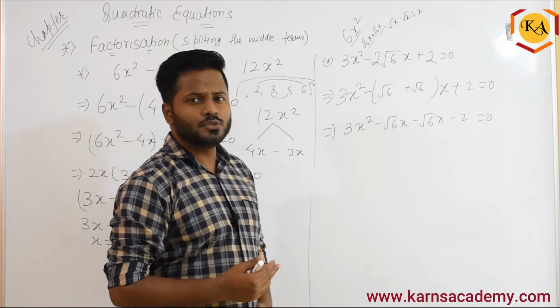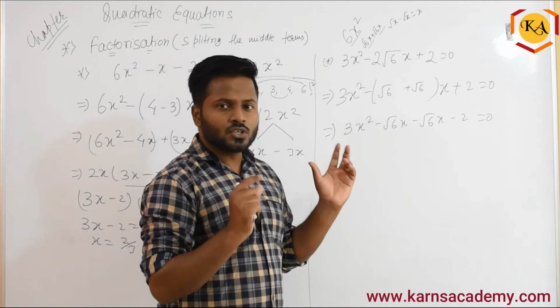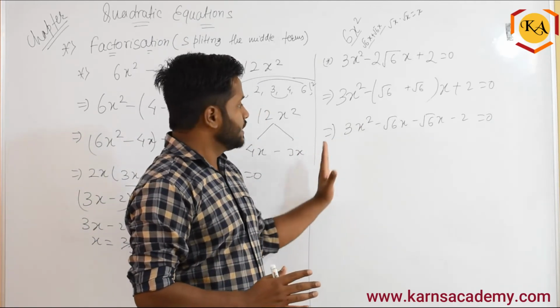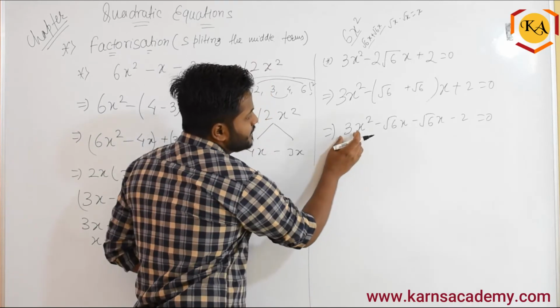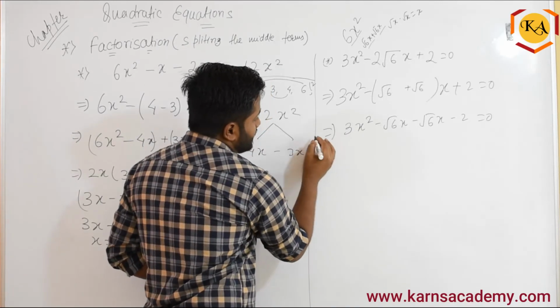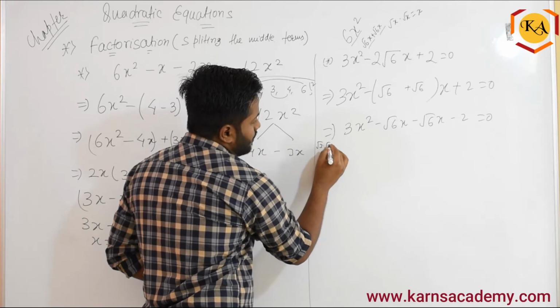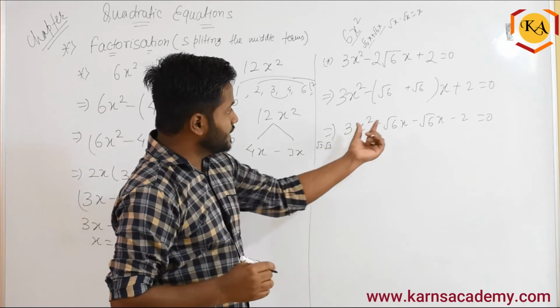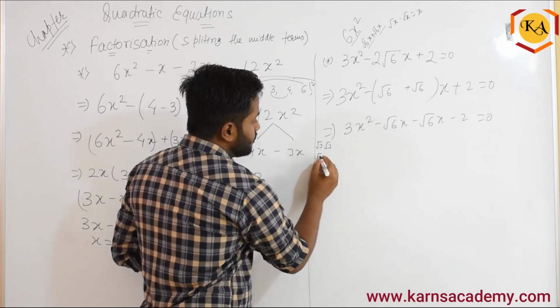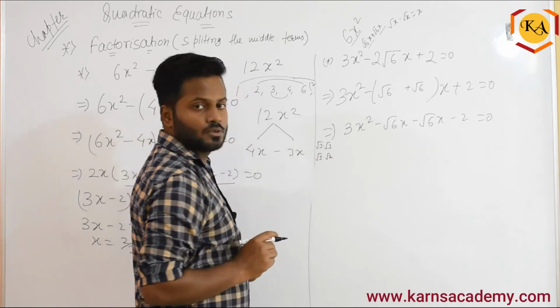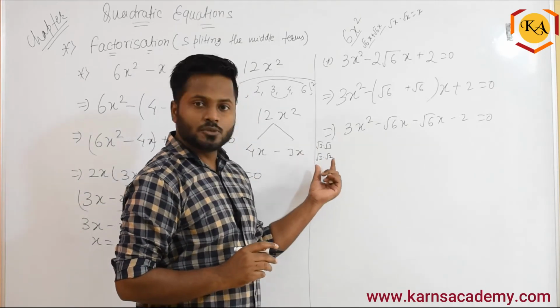After that, what we are going to do, we have to solve very carefully. Can I write this part 3 as root 3 into root 3? Correct? And similarly, 6, can I write root 3 into root 2? Why am I writing this? I will tell you. Right?